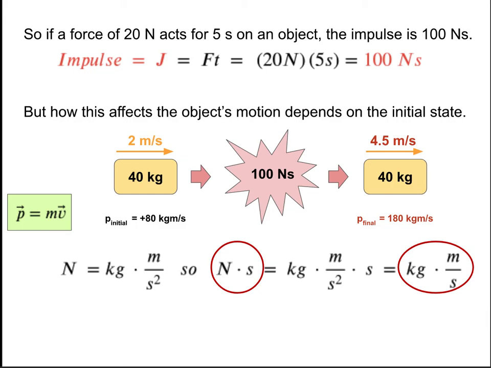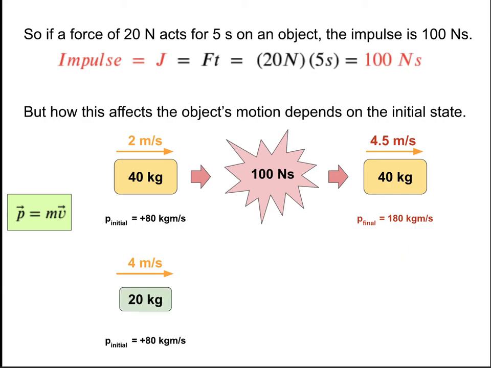All right, back to our discussion here. So let's now take a look at a different object, but an object that actually has the same amount of initial momentum as the yellow one up above. So this one has a mass of 20, but its speed is higher, 4 meters per second. So they have the same amount of momentum, 20 times 4.